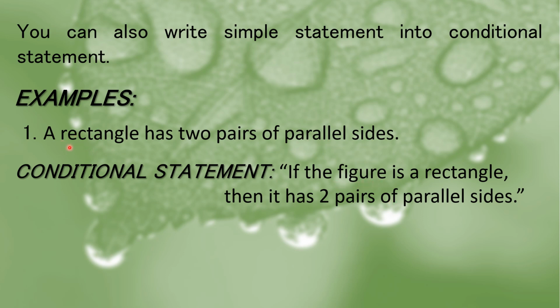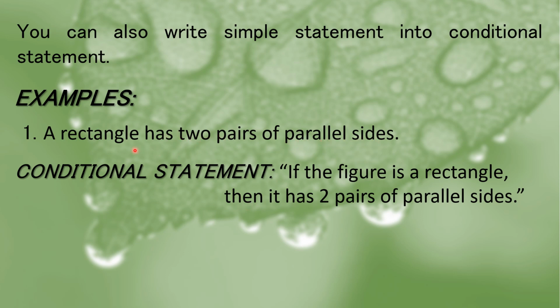So, kailangan nating alamin muna kung ang subject natin o ang word na rectangle ay saang grupo nabibilang. So, since ang rectangle ay nabibilang sa figure or pwede din siyang polygon or shape, iyon yung ating ilalagay sa if statement. So, if the figure is a rectangle, and then yung ating then phrase, it has two pairs of parallel sides.